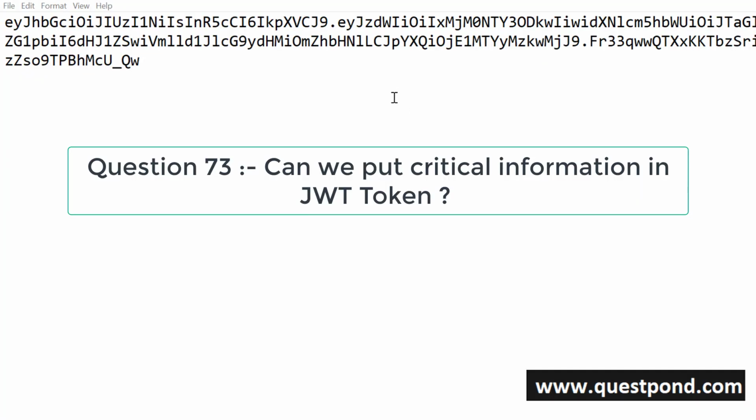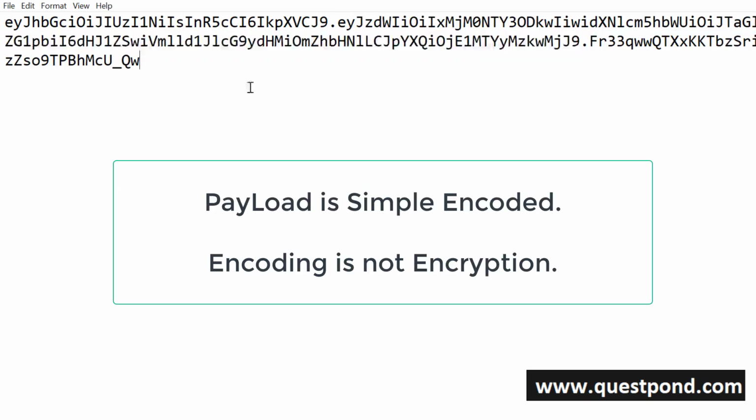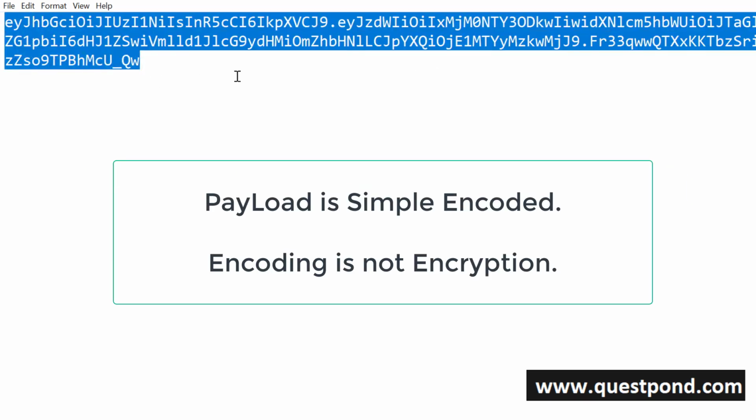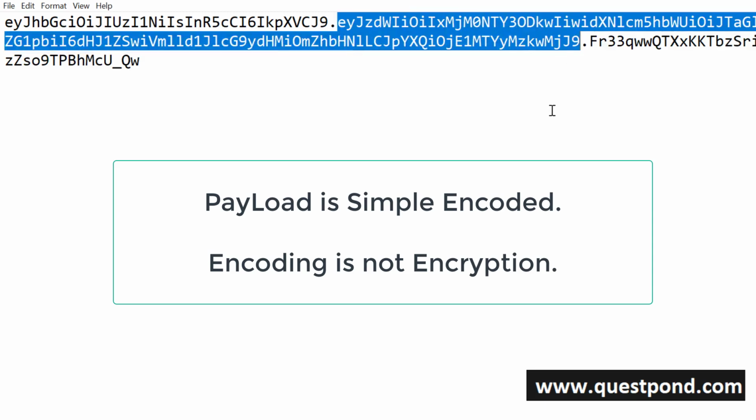It is definitely not a good idea to put critical information in the payload. So this third section is the payload. It is not a good idea to put critical information over here, because what you see with your eyes here is not encryption. This payload is not encrypted, it is encoded. Encoding and encryption are two different things.